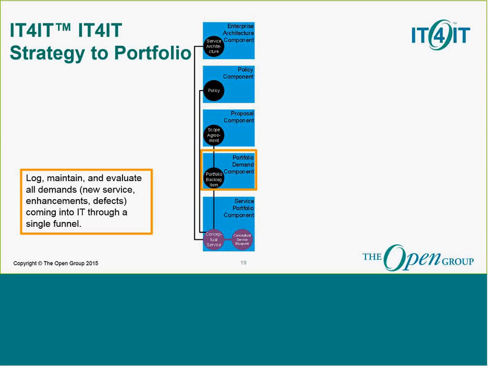And the idea is to funnel them into this one function where we can have them together in a single view. The portfolio backlog item is the key data object that it manages. And as you would expect, that represents what demand entails, who's asking for it, when they want it, why they want it.